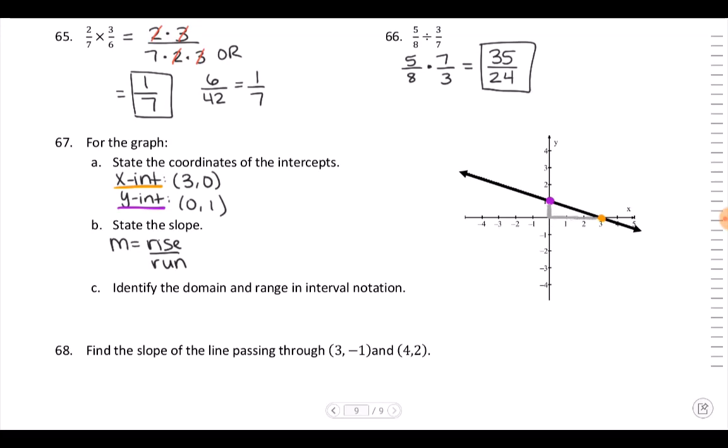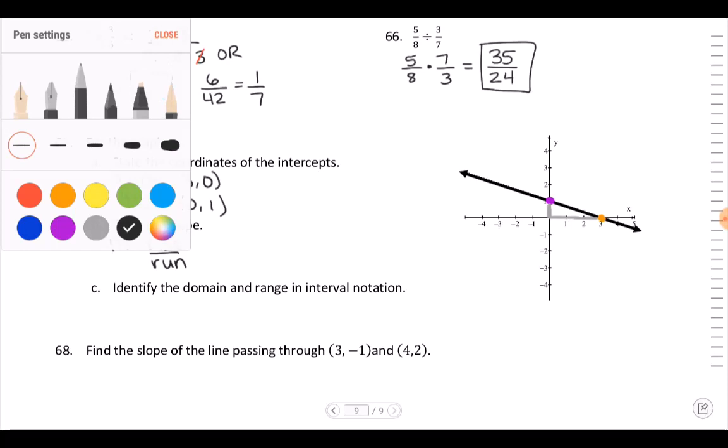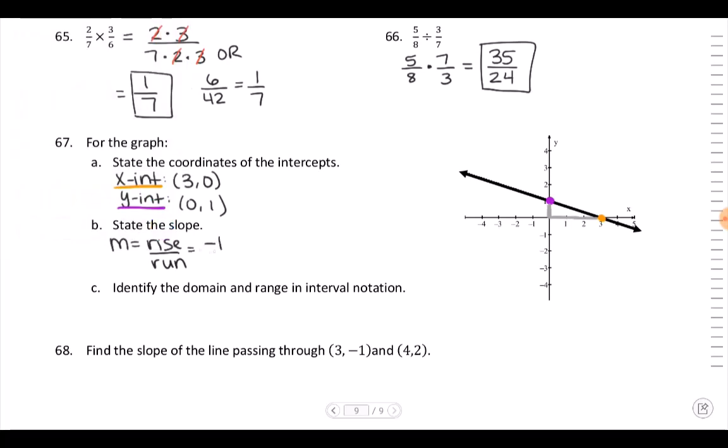So my rise is negative 1, and then my run is 3. So down 1 and then right 3. Okay, so m equals negative 1 over 3. That would be my slope.